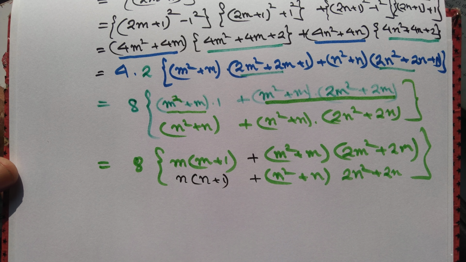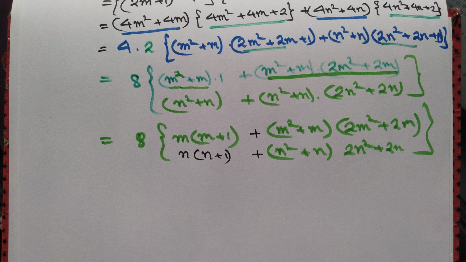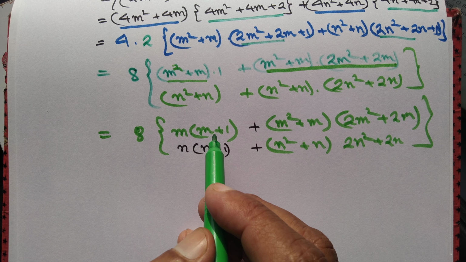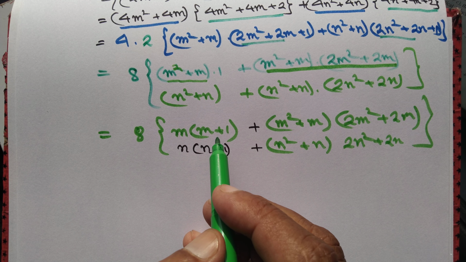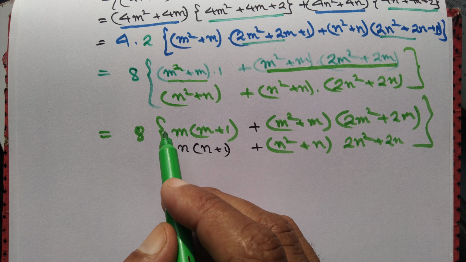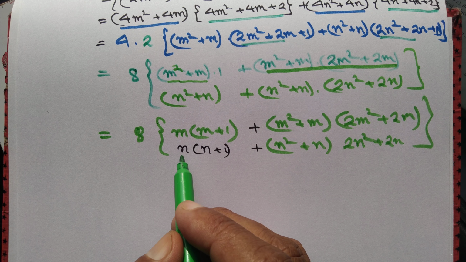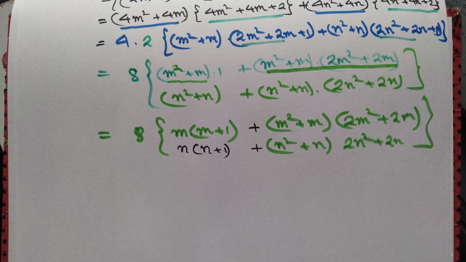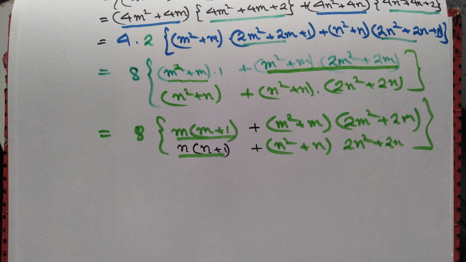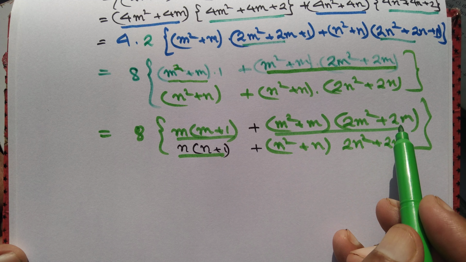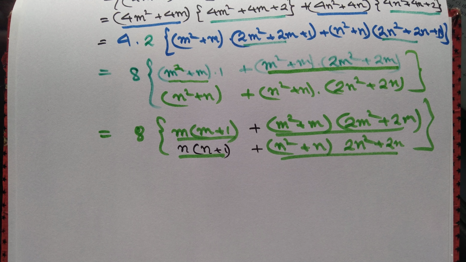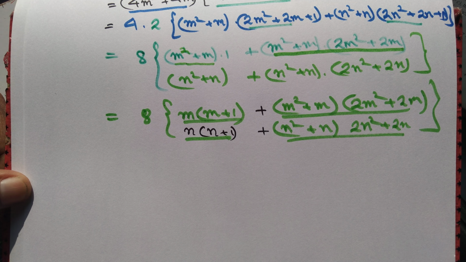Now you see that m times m plus 1 is a product of 2 consecutive integers. If m is even, then the product is a multiple of 2. If m is odd, then m plus 1 is a multiple of 2. So anyway, the product is a multiple of 2. Similarly, n times n plus 1 is a multiple of 2. So this expression is a multiple of 2. This is also a multiple of 2. Definitely these two are multiples of 2. So the whole expression inside the curly bracket is a multiple of 2.